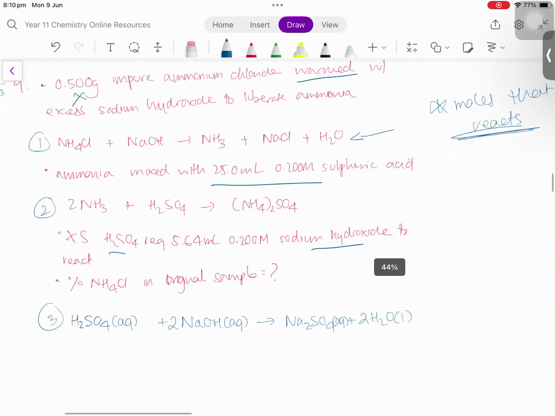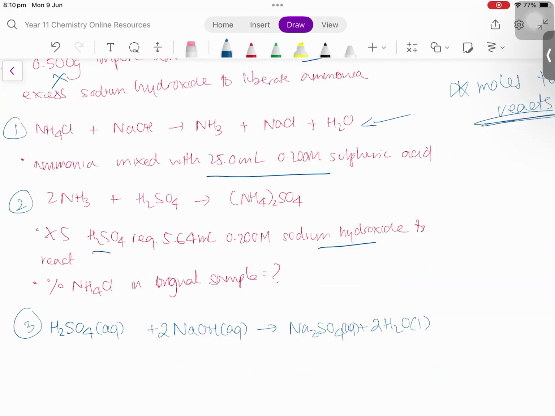So technically speaking, yes, you can calculate moles for 25 mL of 0.2 molar, n is C times V. If it's also the moles that react, you can now use this equation. Let's check. Can you please read the third dot point? That 25 mL of 0.2 molar sulfuric acid, does it all react?